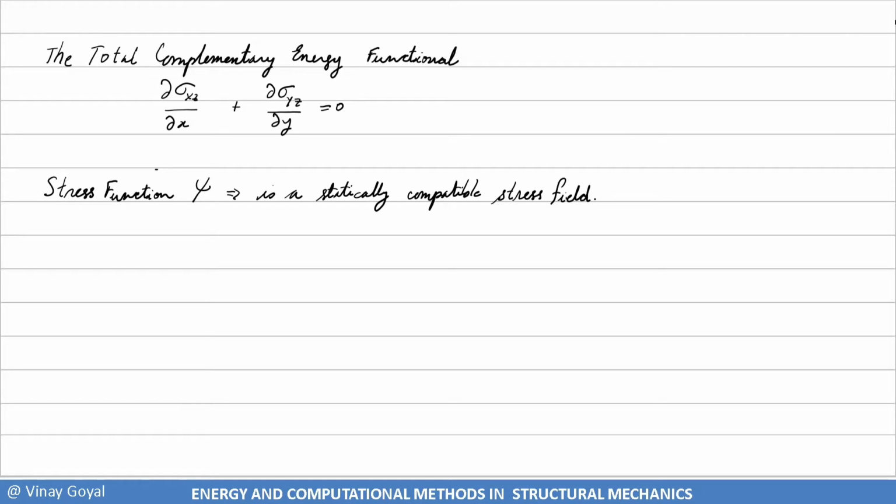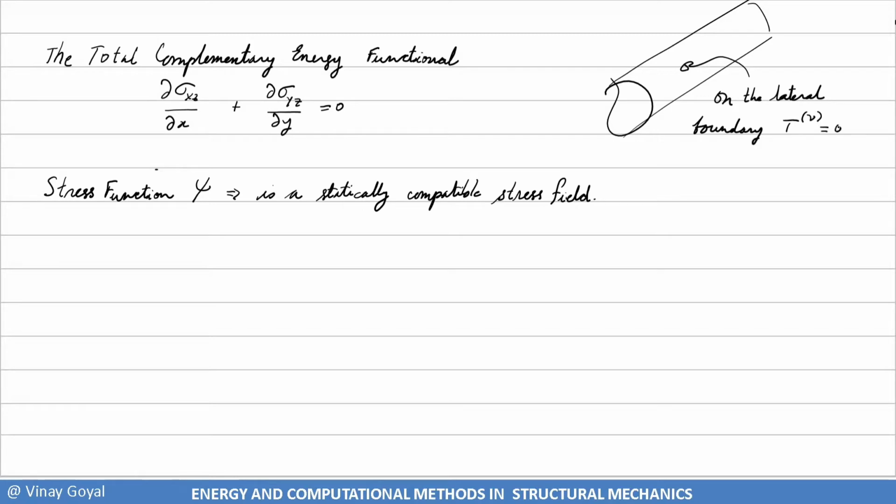And so at the lateral boundary, we already covered that. This is my cylinder. We already said that on this lateral boundary, the traction in that lateral boundary is zero. Where here, nu corresponds to the surface normal to that lateral boundary.